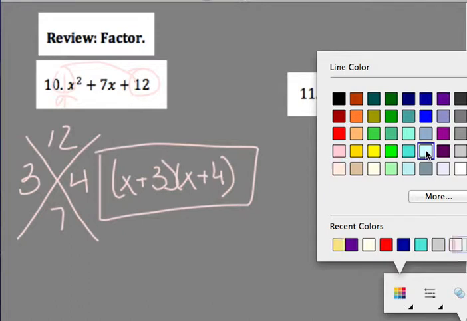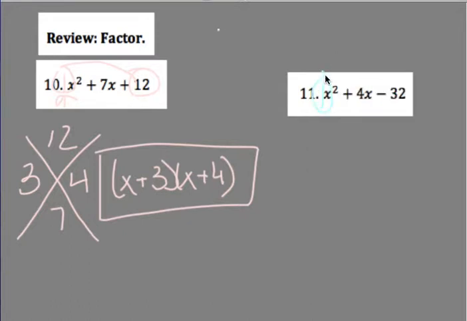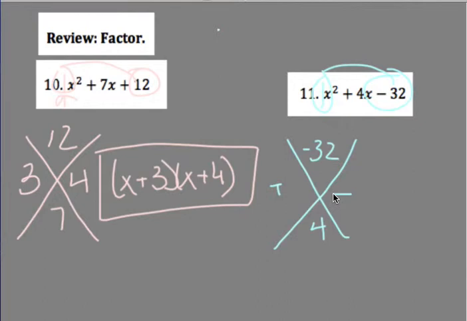Now, let's take a look at number 11. So we have a 1 out in front here, so we're going to do 1 times negative 32. That's going to put a negative 32 here and a 4 here. So we're multiplying to a negative 32 and adding to a positive 4. So we know we're going to have positive and negative factors. So when we do that, I want to make the larger number positive because my sum is positive.